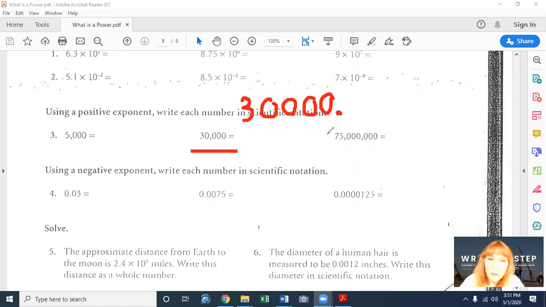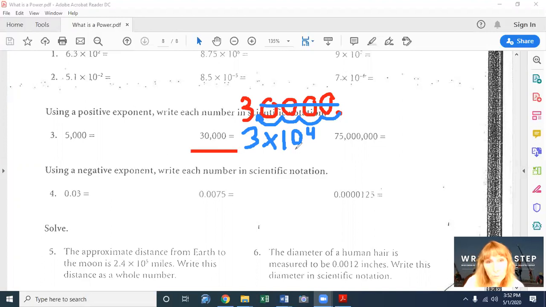We need to get a number between 1 and 9, so we got to move our decimal. 1, 2, 3, 4. Okay, now we got 3.0000. So 3 is between 1 and 9, so our answer is going to be 3 times 10 to the, how many spots did we move our decimal? How many jumps? 1, 2, 3, 4. 10 to the 4th power.